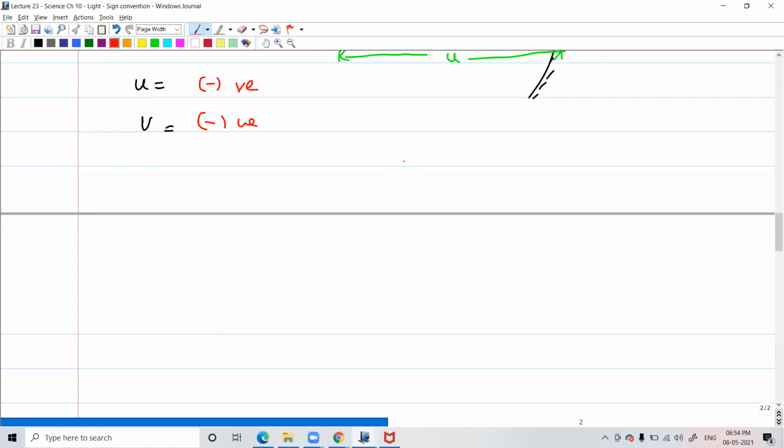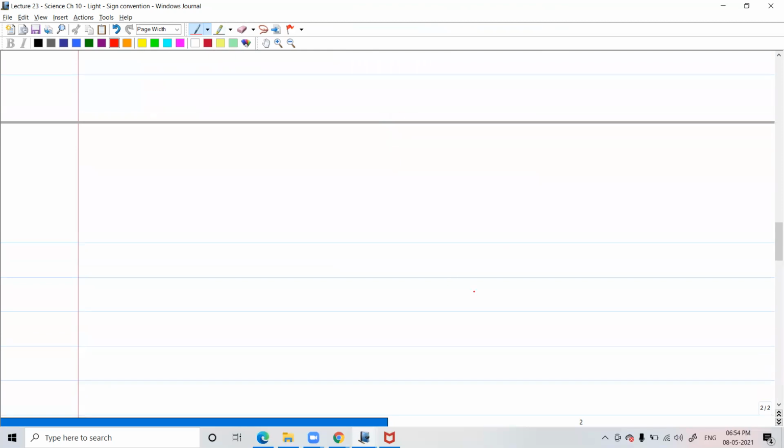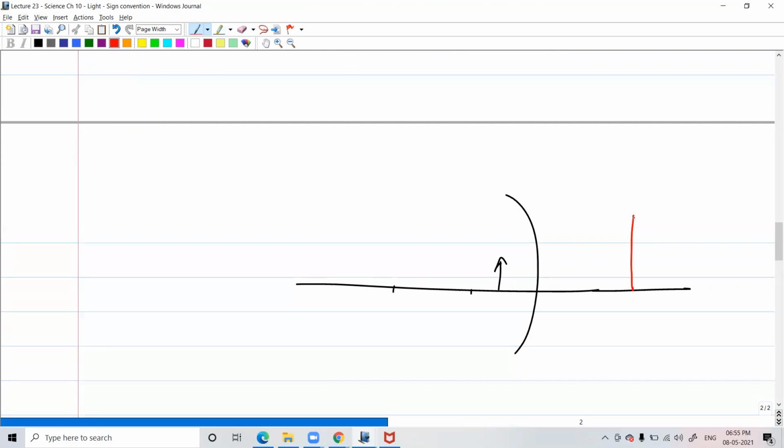So what I was saying is, if you have your concave mirror, and you have placed your object between the focus and the pole, you remember that it would give us the image behind the mirror, to the right. The image will be behind the mirror.